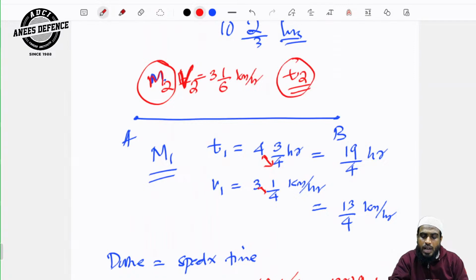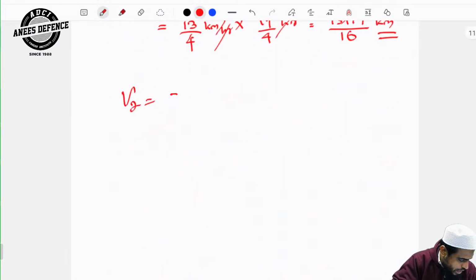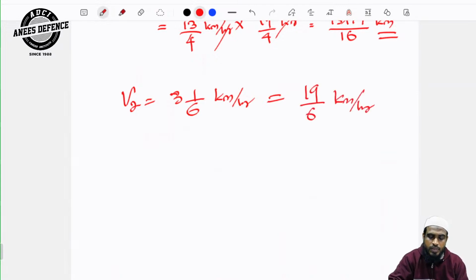But we have to calculate the time taken by the second person to travel the same distance. How to convert? 6 into 3, 18, 18 plus 1, 19. 19 by 6 kilometer per hour.